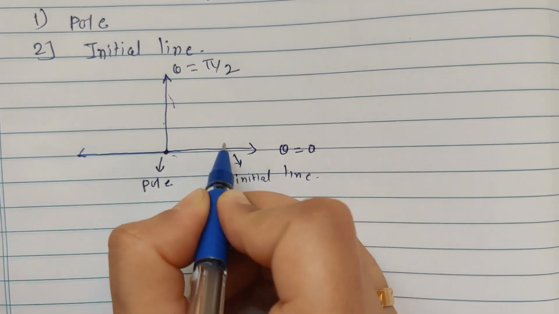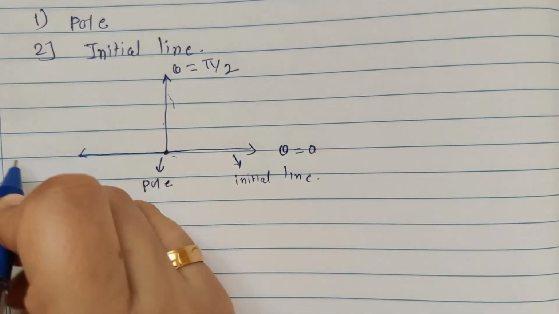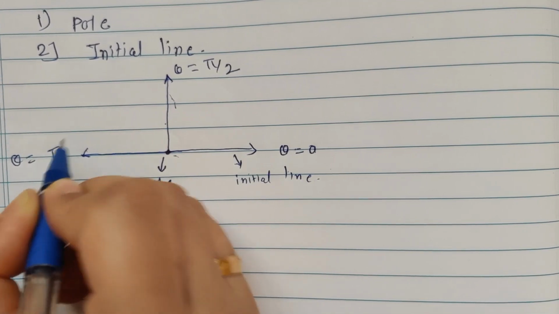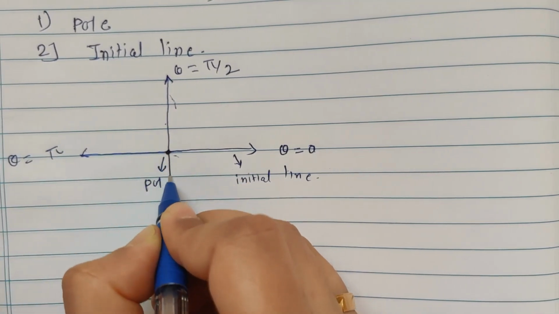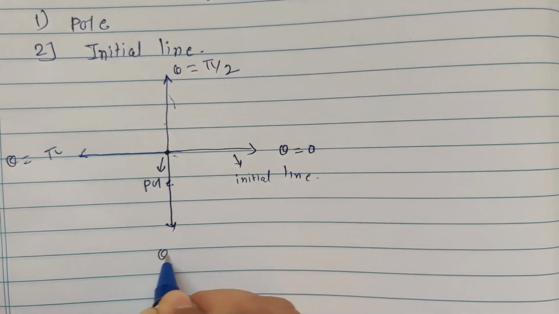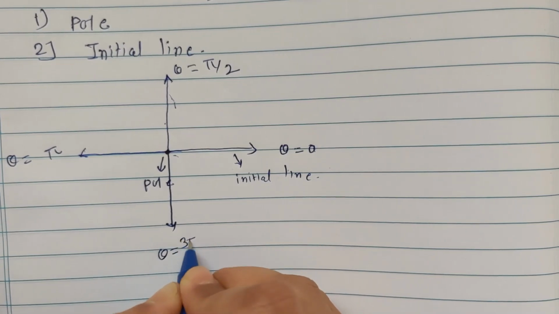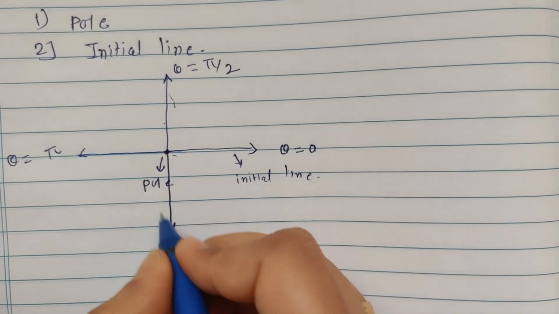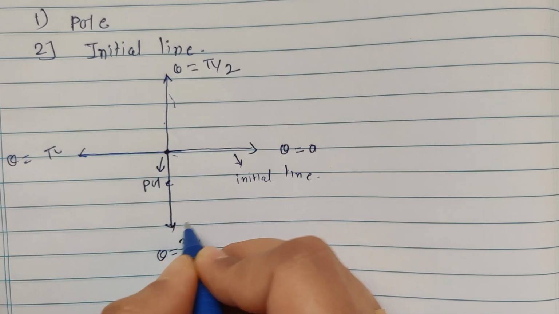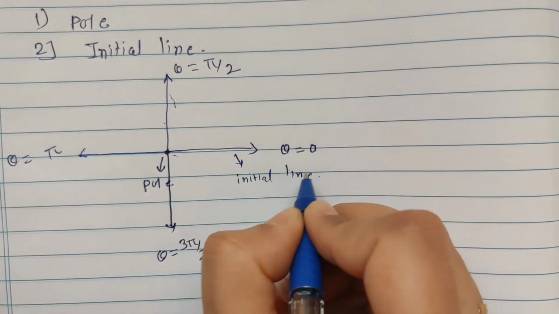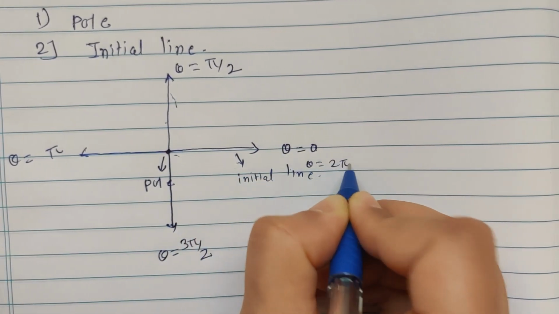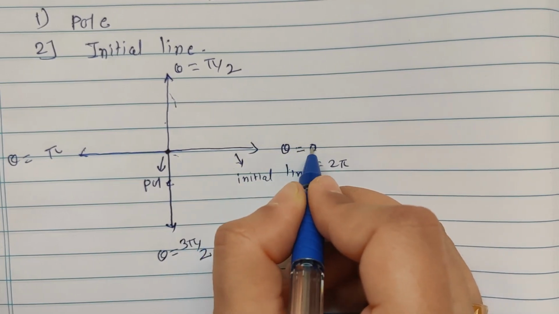Now the total is 180 degrees, so theta is equal to pi, and next this theta is equal to 3 pi by 2, and again we rotate, so theta is now equal to 2 pi, and it coincides with the initial line.